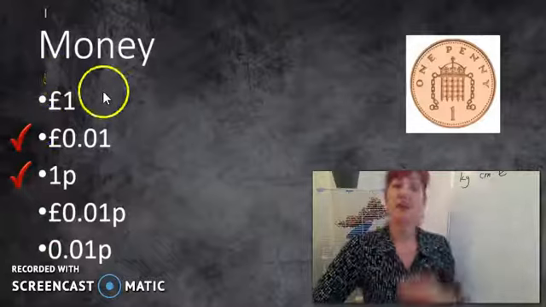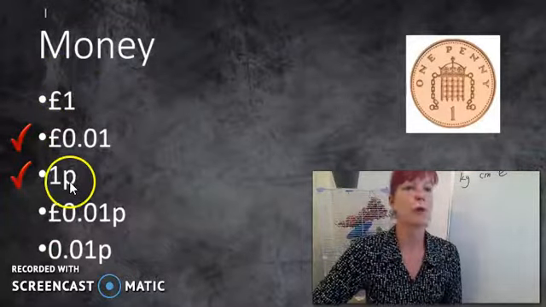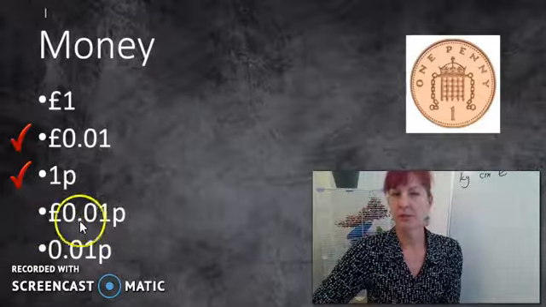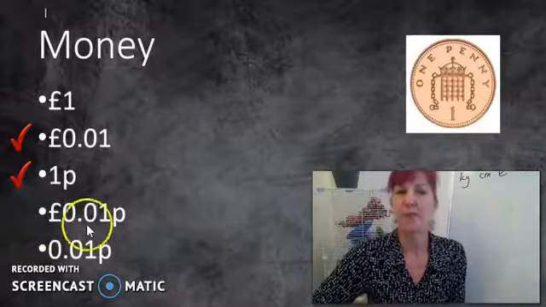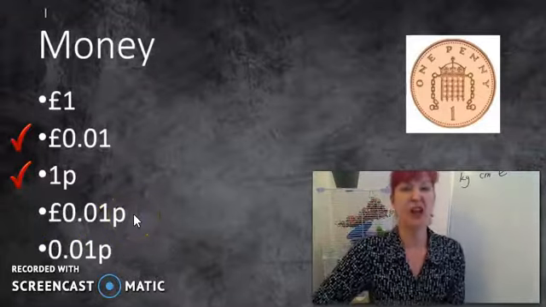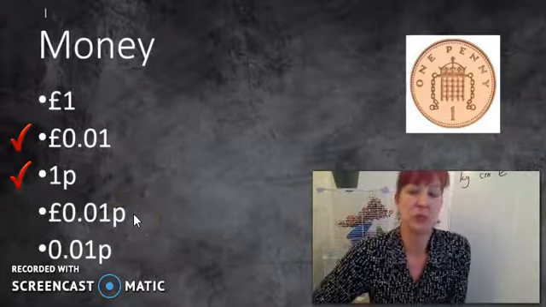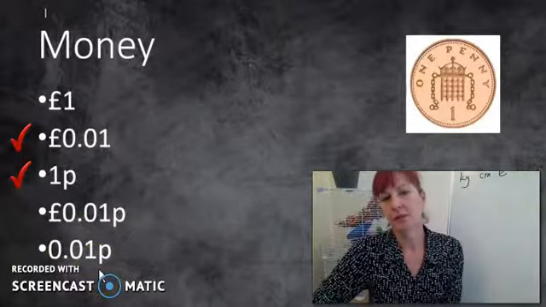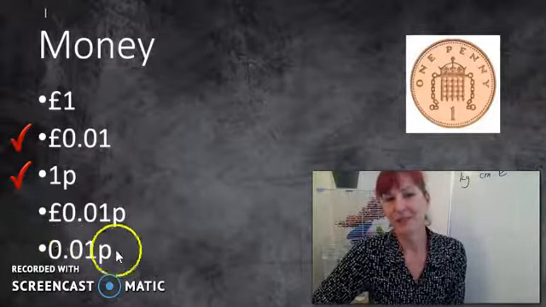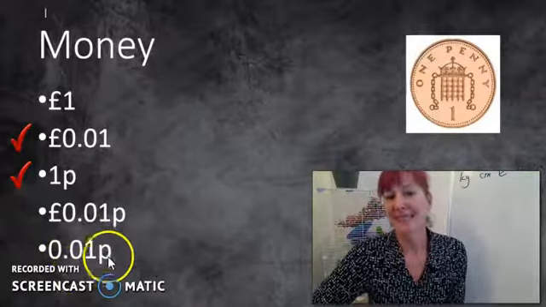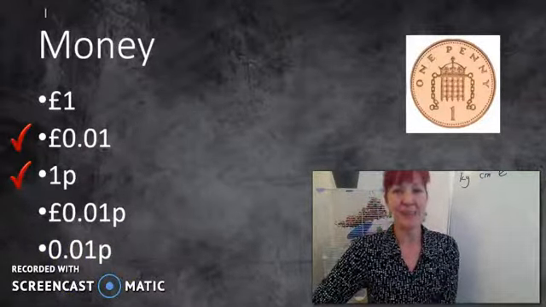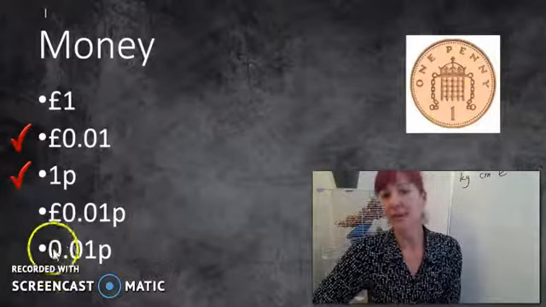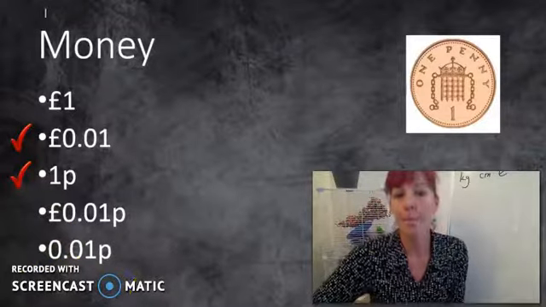And then directly underneath it, I've got 1p, yeah, that's good, 1 penny. What's the problem with this one? Yeah, I've put pounds and pennies. I don't know which one is real, which one is the correct one. Now the one at the bottom, this one always makes me giggle because look at it, it's a tiny, tiny amount. It's not even as much as my penny up here because I haven't got any whole pennies.